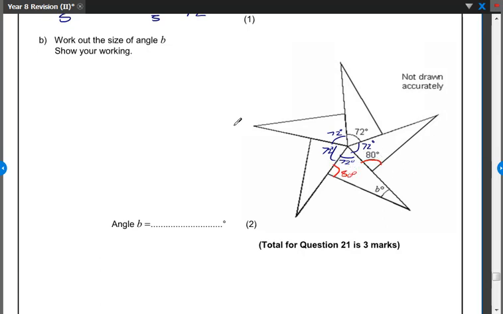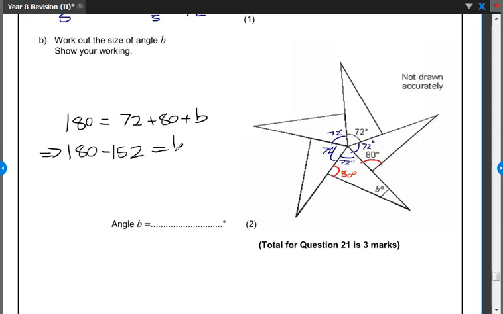All the angles in a triangle add up to 180 degrees, so 180 equals 72 plus 80 plus B. That implies 180 minus 152 equals B, since 72 plus 80 is 152. So B is 28 degrees.